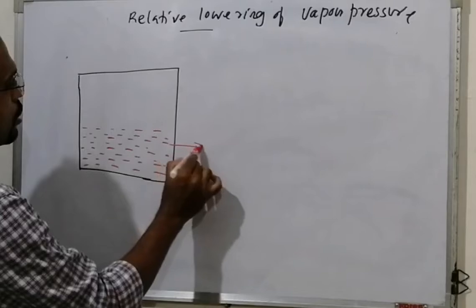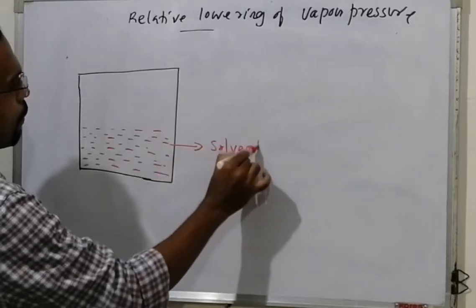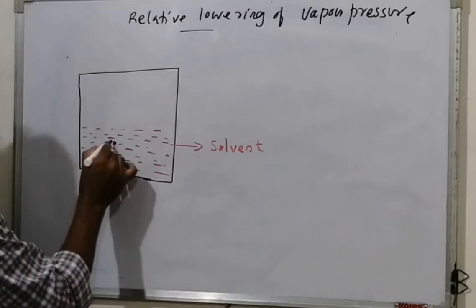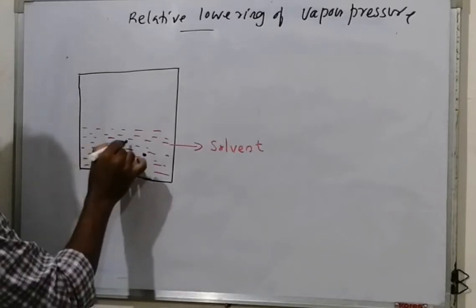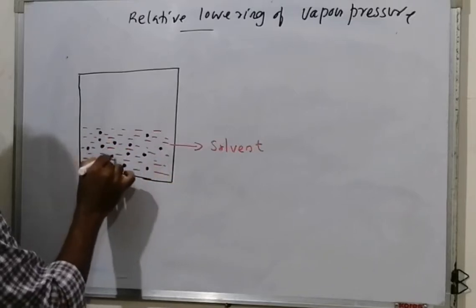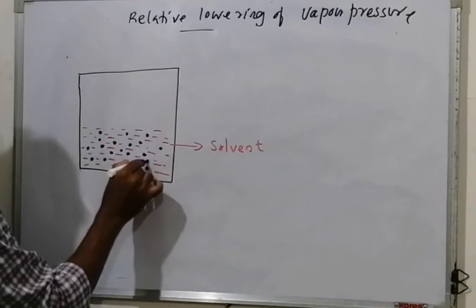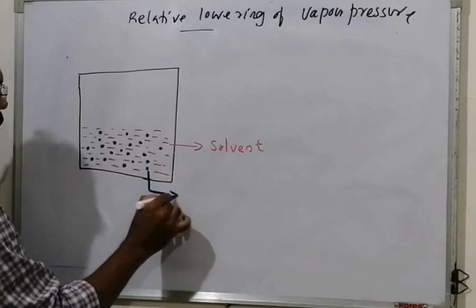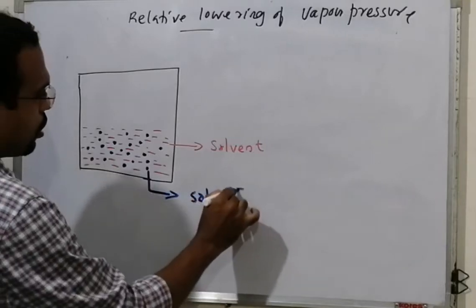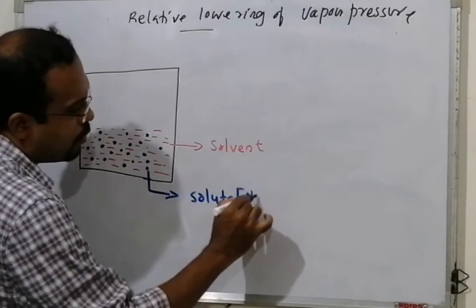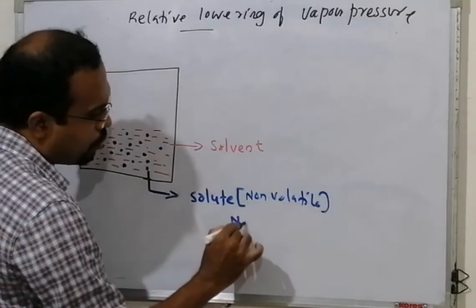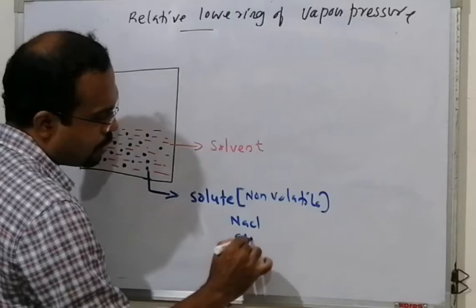This is the solvent. This is the solute. What is the solute? Non-volatile solute. Example, sodium chloride, glucose.